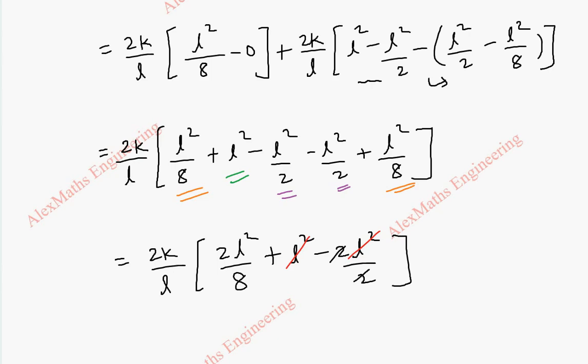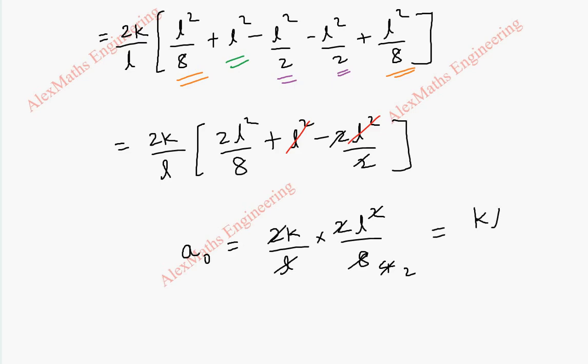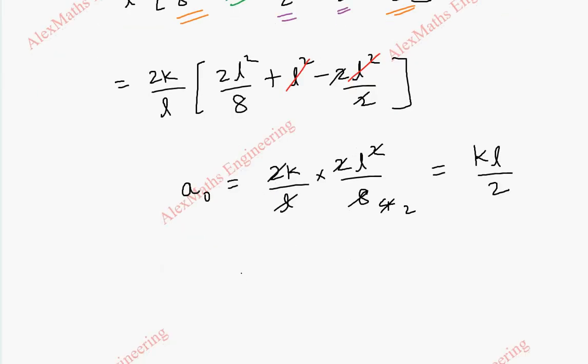After that we have a0 as 2k/L into 2L²/8. So 2 times 2 becomes 4, and again cancelling, this becomes 2, and we can cancel this. So we are left with kL/2. So we completed a0, which is kL/2.